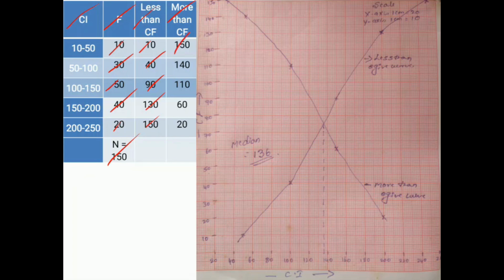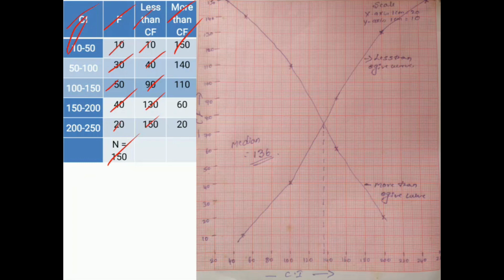Now more than cumulative frequency, in order to find that, 150 you have to take first. Let me explain what is that more than cumulative frequency. More than means when you are reading that, you have to always check with the lower limit of class interval. More than 10, how many are there?